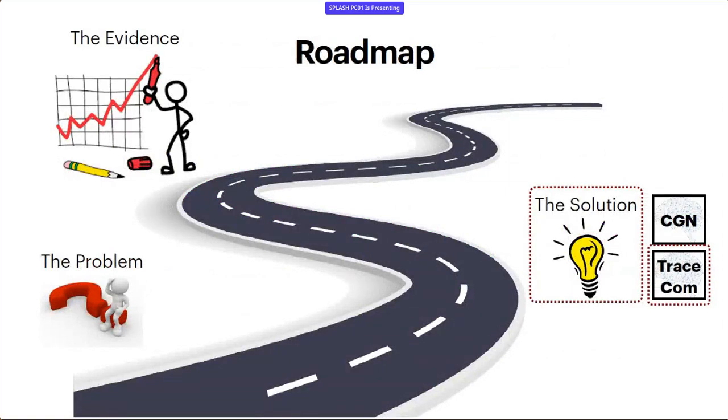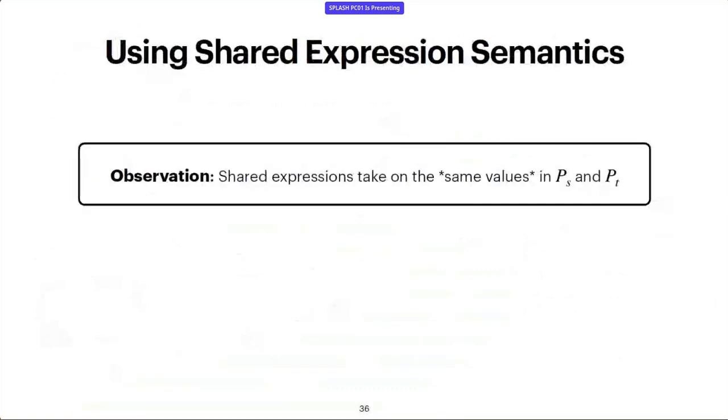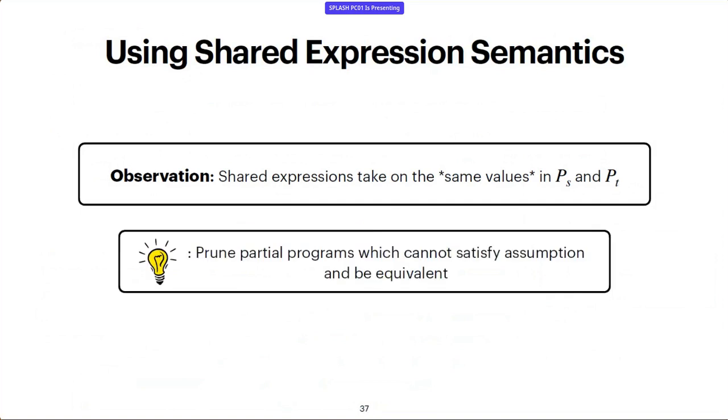Okay, so that's the cognate grammar network that we use. The second key component of our algorithm is our trace-compatibility pruning. If you'll recall, this takes advantage of our second observation, which was that shared expressions between the source and target programs take on the same values when the programs are executed on the same inputs.